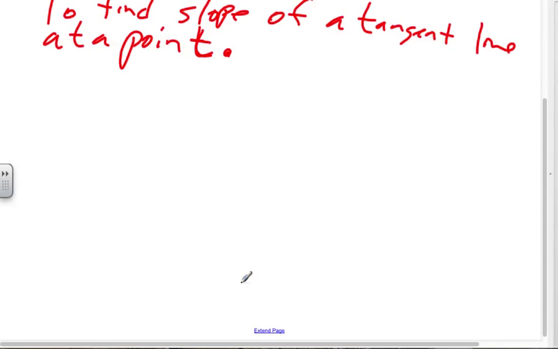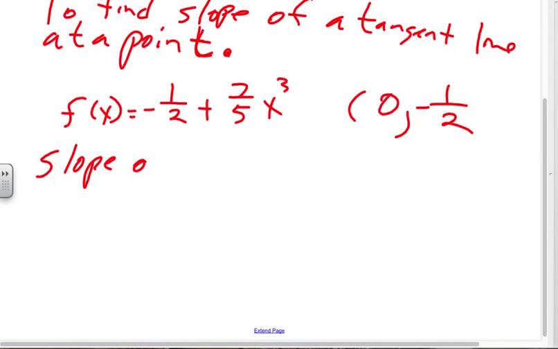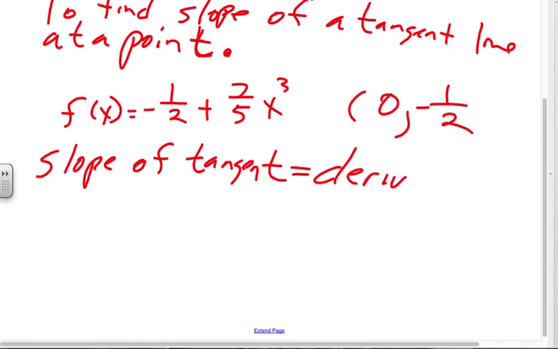So here's how you do this. So let's say we have a function, f of x is negative 1/2 plus 7/5 x cubed. And I want to find the slope of the tangent line at the point 0, negative 1/2. Okay, slope of tangent line, and commit this, know this, equals the derivative.